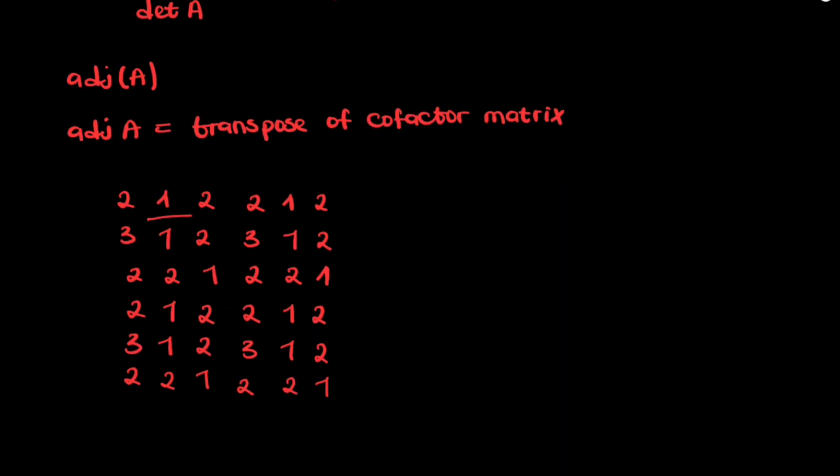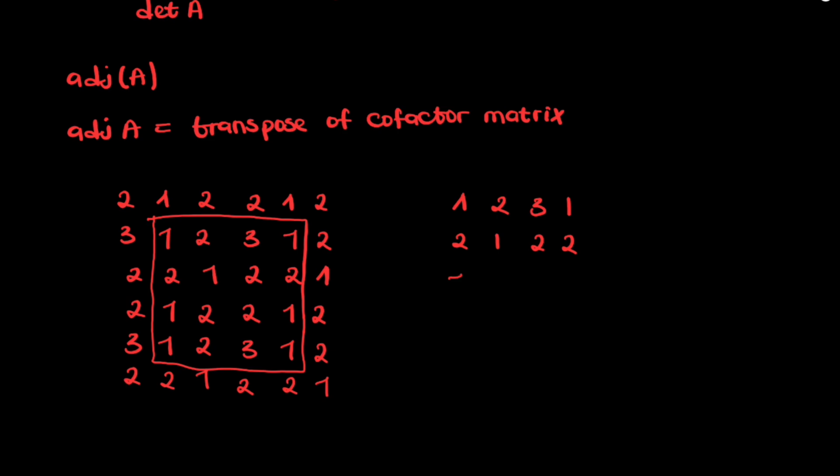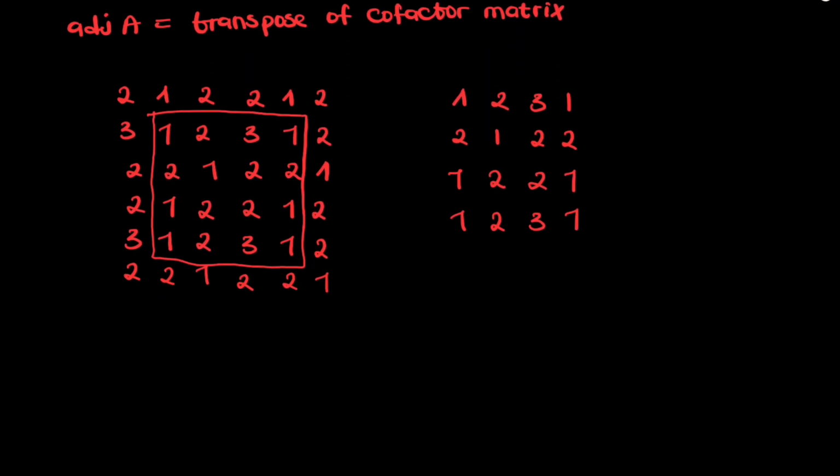Now we eliminate the outer numbers and we are left with 1 2 3 1 2, 1 2 2 1 2, 2 1 1 2 3 1. Okay, so now we evaluate. We take the 2 by 2 matrices one by one to give us each element.